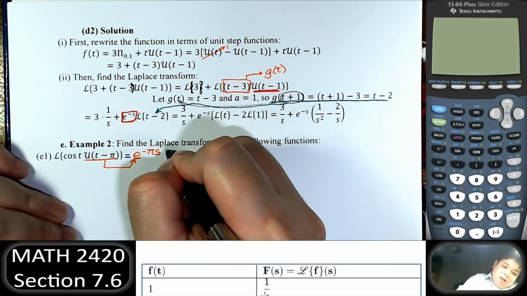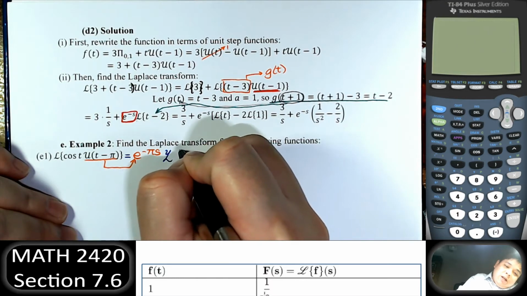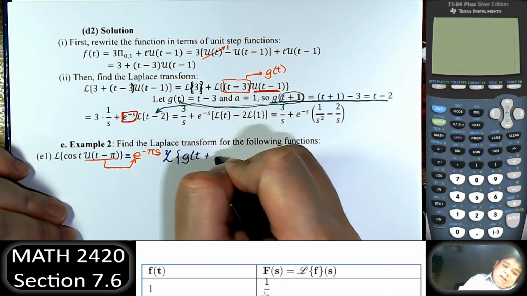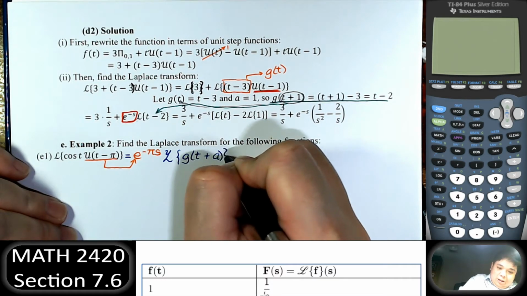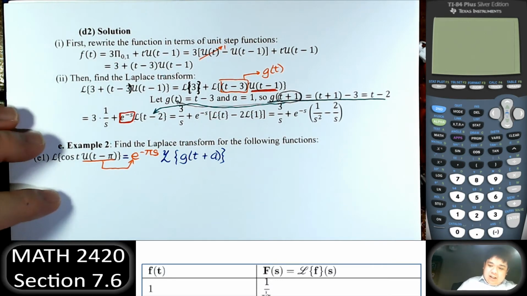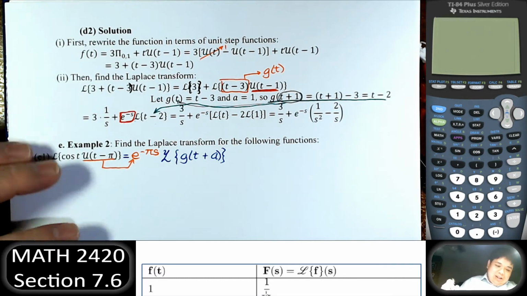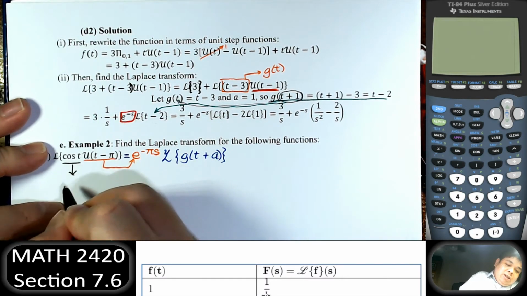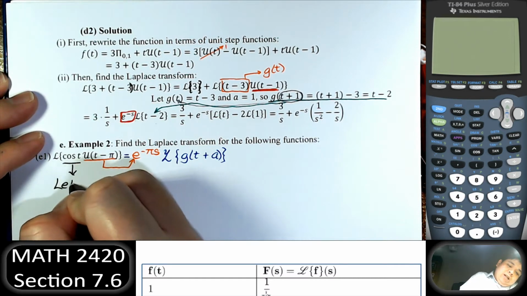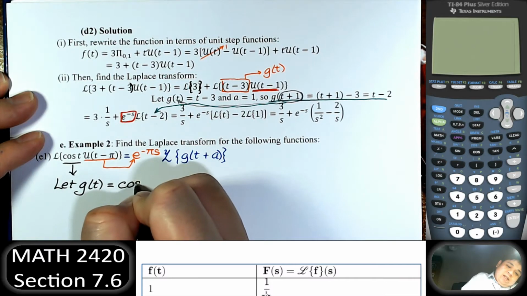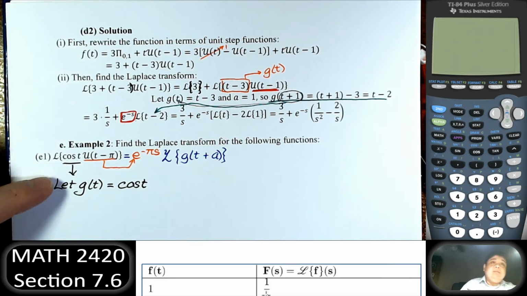And then we do the Laplace transform of g of t plus a. So what is g of t plus a? Right, now what's left in the function is g of t. So let g of t be cosine of t. Right.